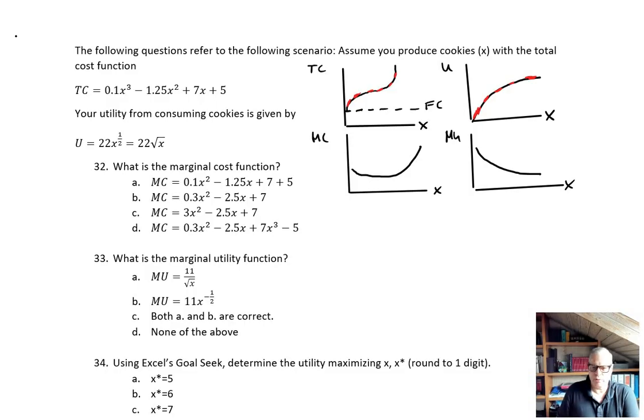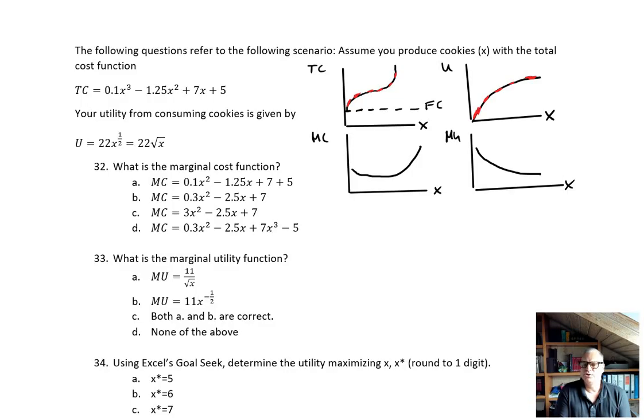So what's now important is just taking a look at the lower two graphs, because we know that you maximize your utility where the marginal utility equals the marginal cost. If the next cookie gives you more utility than what you have to pay for it, of course you'll have it.